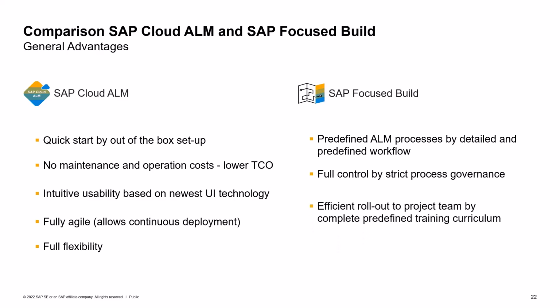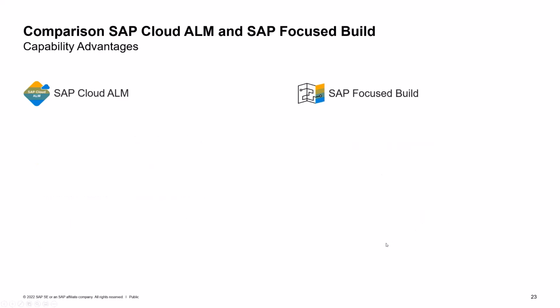And it allows an efficient rollout to the project team because we have this standardized, predefined training curriculum. In SAP Cloud ALM, you have the full flexibility, but that means you need as well to find your own way in this project. And in Focus Build, everything is predefined, and therefore we can as well offer this predefined training functionality.